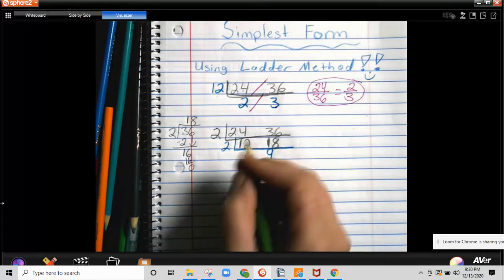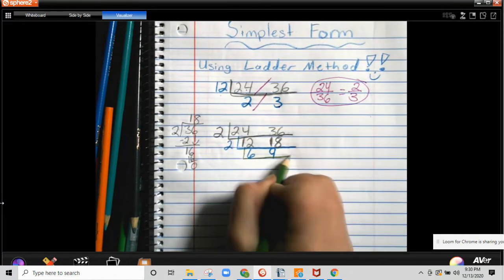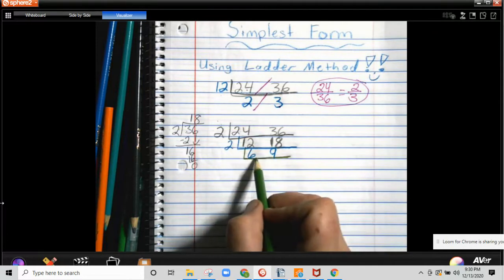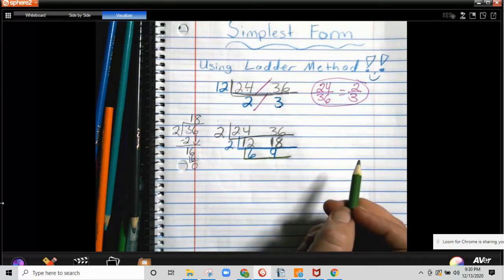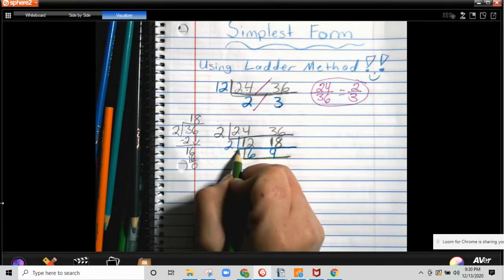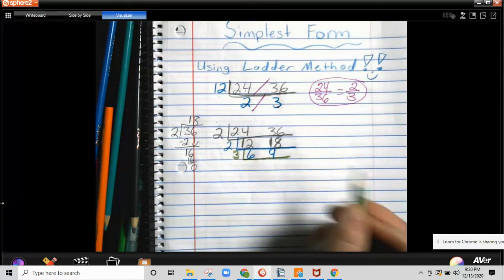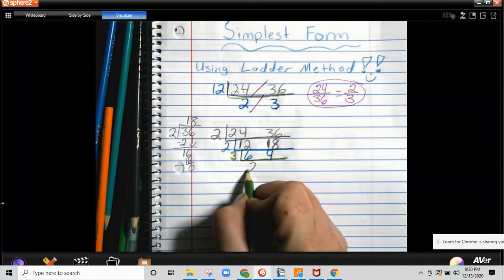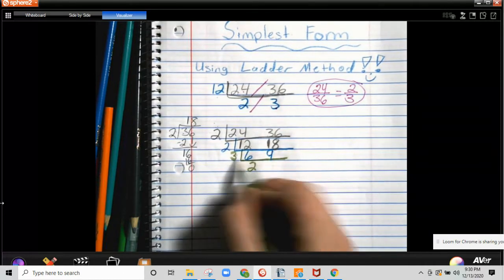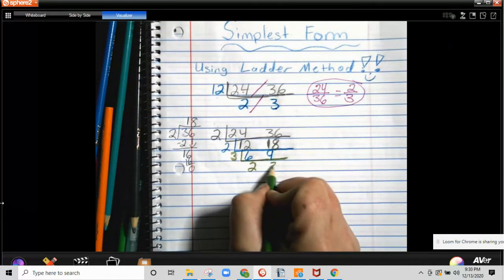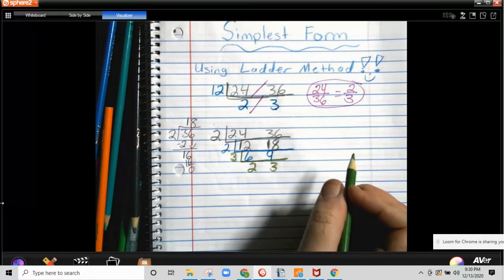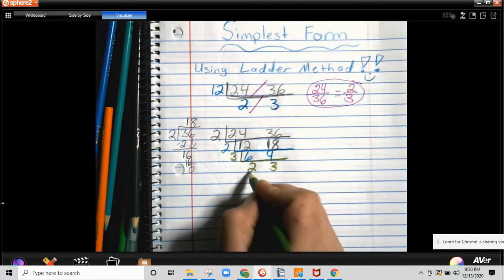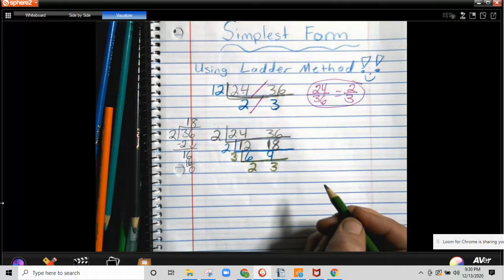I can keep going. What number do I know goes in both 6 and 9? I know that is 3. So 3 goes into 6 2 times. 3 goes into 9 3 times. Can I keep going? And I cannot, because both of these are prime numbers.